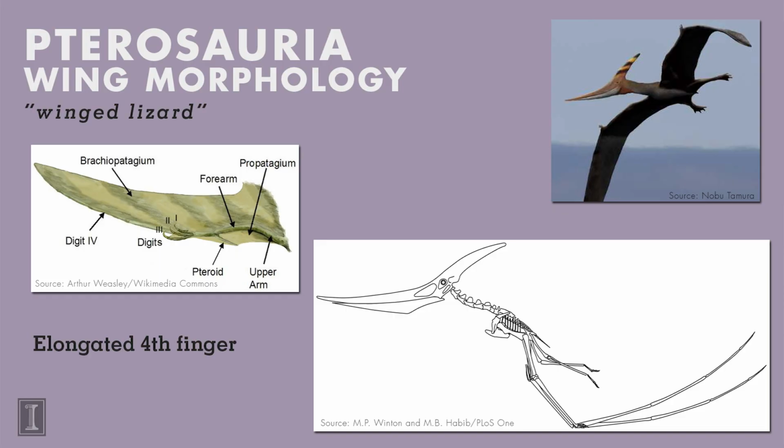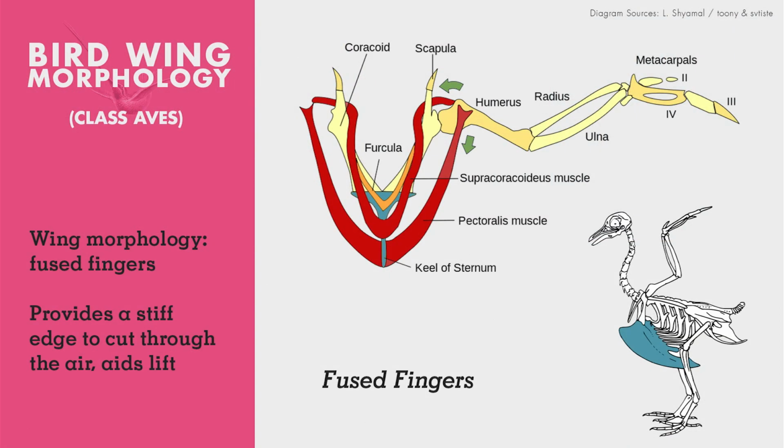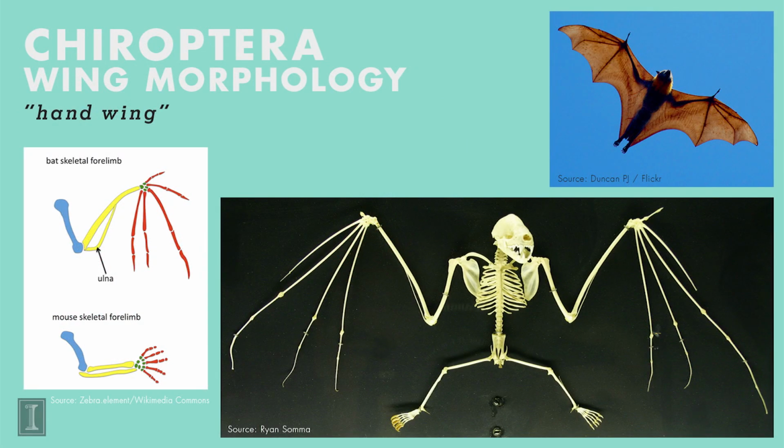To reiterate, we have the pterosaurs with their elongated fourth finger providing support for the wing. With the birds, or the class Aves, we have fused fingers that have a very sturdy structure for the wing. And with our class Mammalia, order Chiroptera, we have four elongated fingers providing support for the wing.